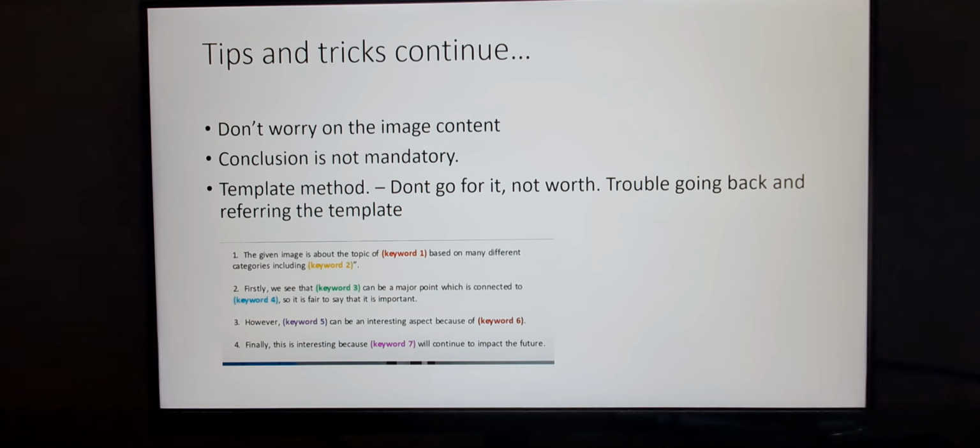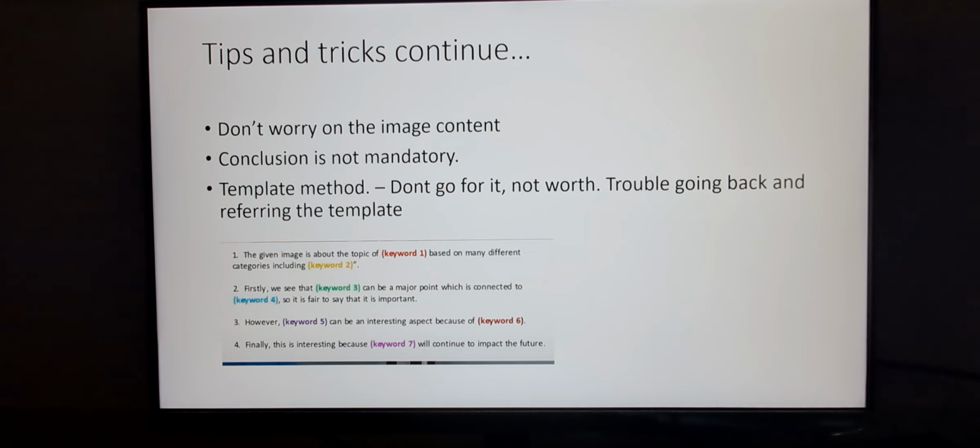If you keep on describing the image, everything from the y-axis all the way from 0 to let's say 100, then this and that, the trends, ups and downs, you're going to make a lot of mistakes. So don't do that. Take one or two points, describe those and move on.